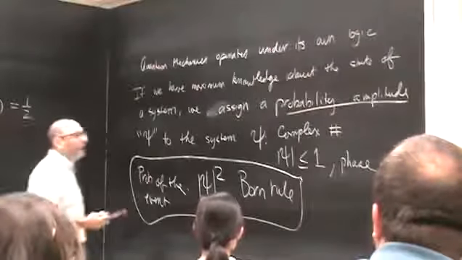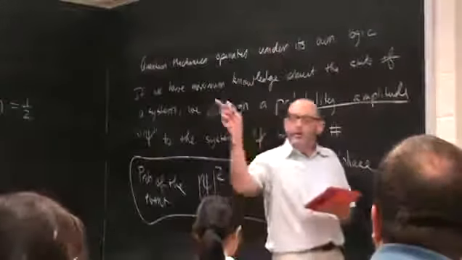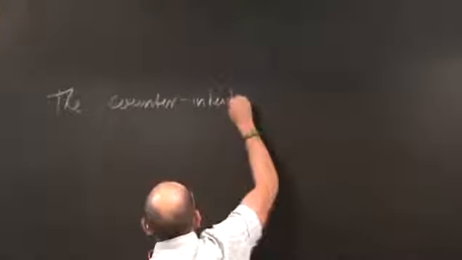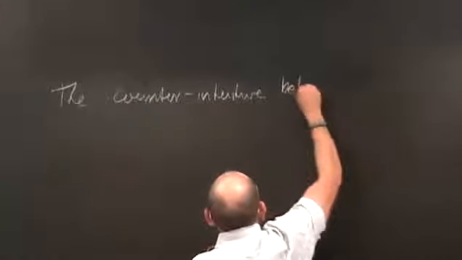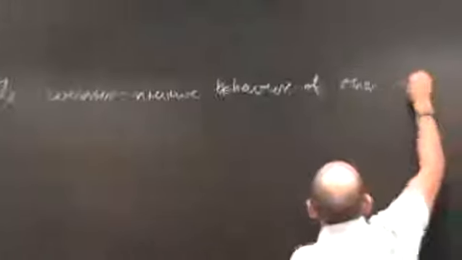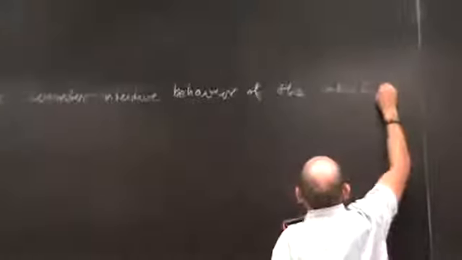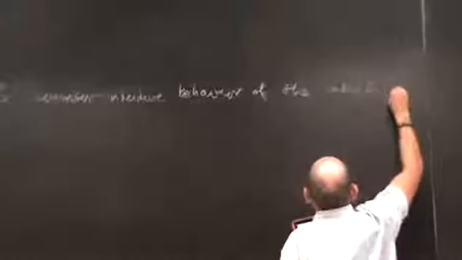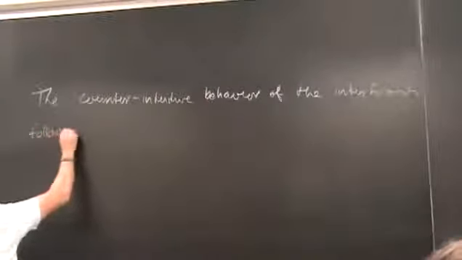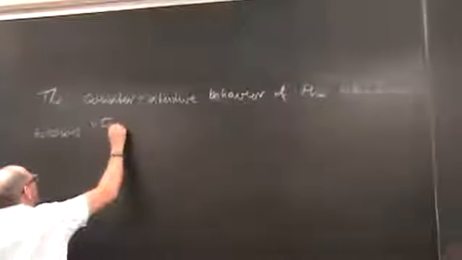So, the counterintuitive behavior that we see in the interferometer follows what I'm going to call Feynman's rule.